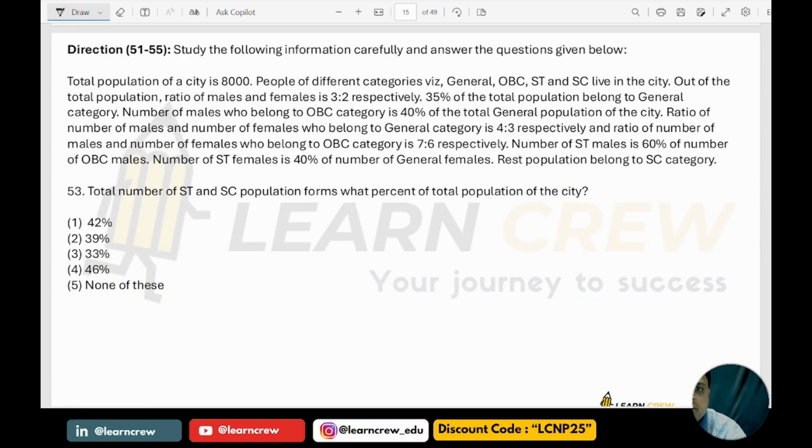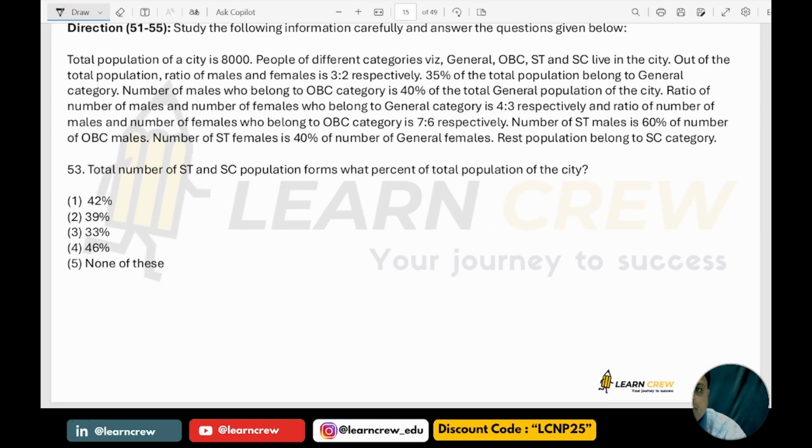Next question number 53. Number of ST and SC population forms what percentage of total population of the city? ST population is how much actually? 1152. And SC population is 1968. The sum of these two is what percentage of 8000?